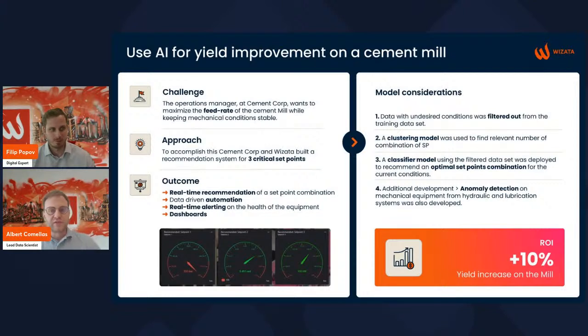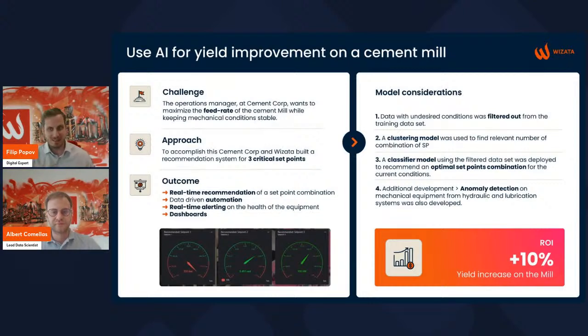And in addition to this, we also developed an anomaly detection system dedicated to the auxiliary systems of the mill, which are the lubrication system and the hydraulic system for the mill.